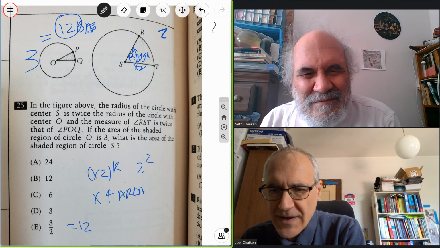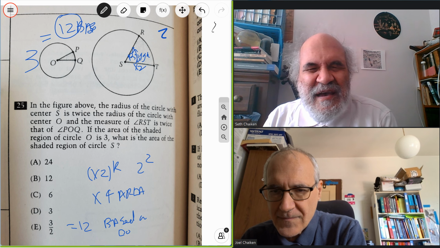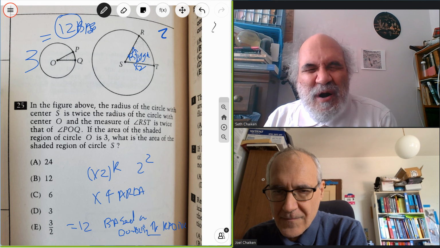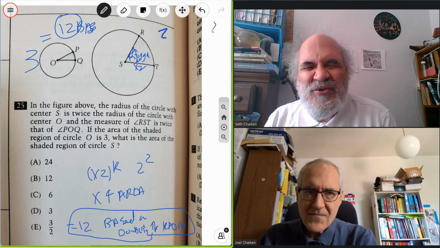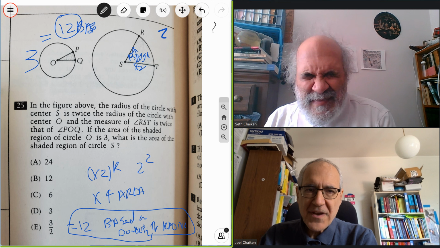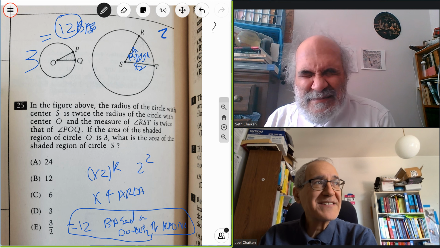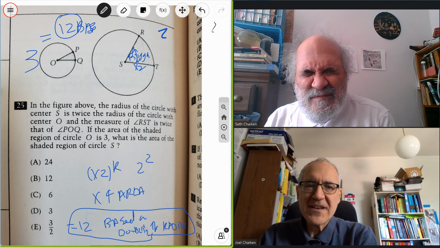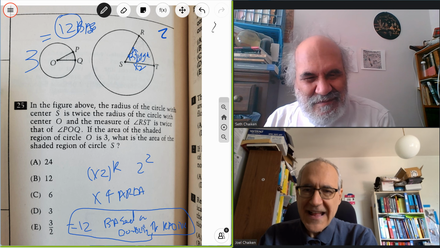The area of 3 gets multiplied by 4, and that's because you multiply the radius by 2, which multiplies areas by 2 squared. That's right. Whatever ratio you multiply the dimension by, the area gets multiplied by the square of the scale factor. Okay, so that takes care of that.